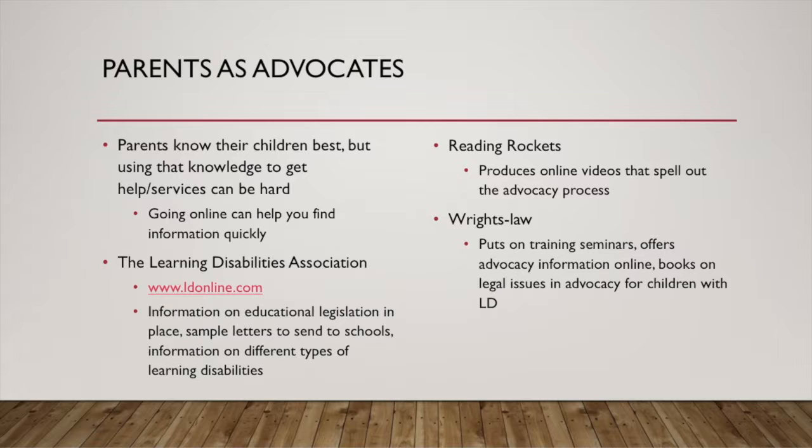They provide information on educational legislation. They can give you sample letters to send to schools, and information on different types of learning disabilities. Reading Rockets produces online videos that spell out the advocacy process. And then Rights Law puts on training seminars, offers advocacy information online, and also has books on legal issues and advocacy for children with LD.